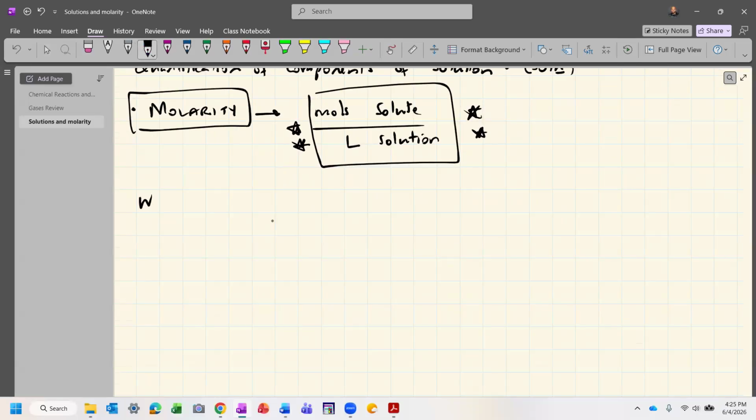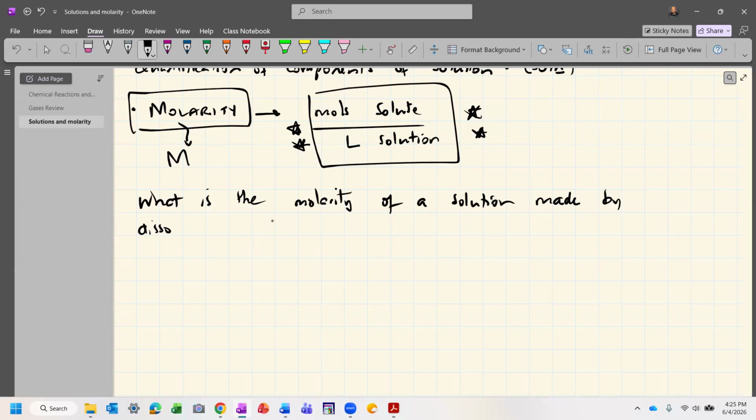What is the molarity, by the way abbreviated uppercase M, of a solution made by dissolving, let's say, 15 grams of NaCl in a total of 125 mL of solution?